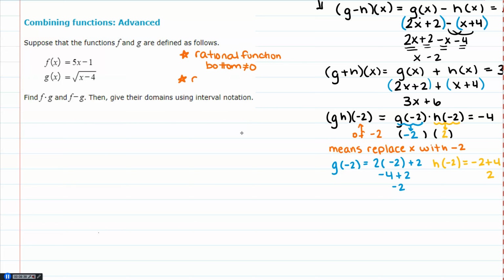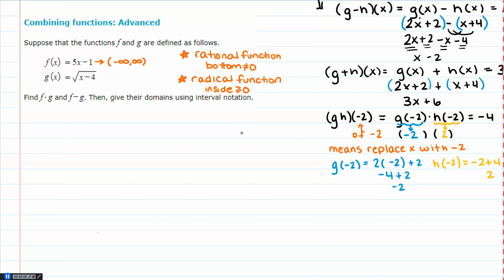And if you have a radical function, we have to have the inside greater than or equal to 0. So for this first function, f of x, 5x minus 1, there's no bottom and there's no radical. So the domain of this guy is all real numbers.